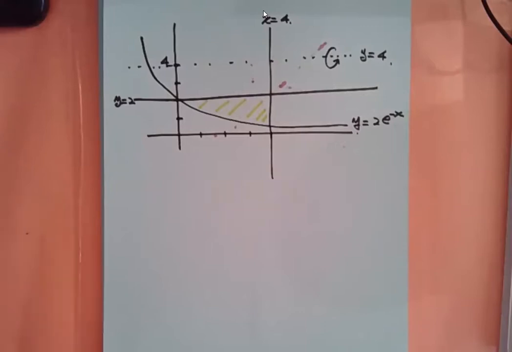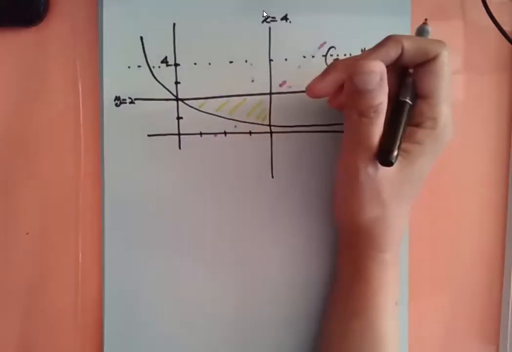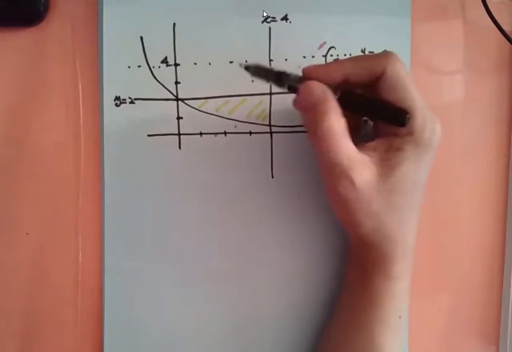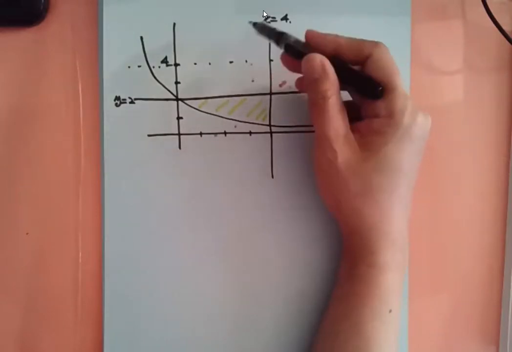So to figure out the area, we have to think about the area of a circle. The circle will be formed in this way.